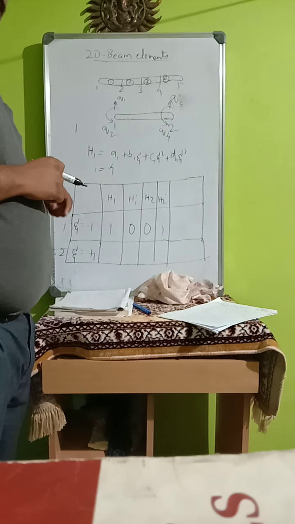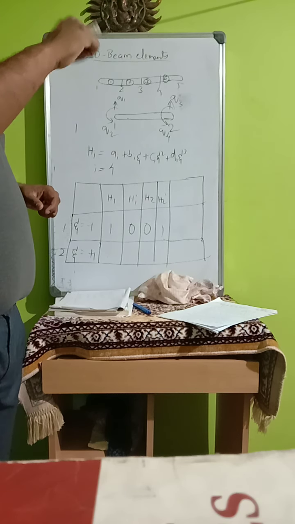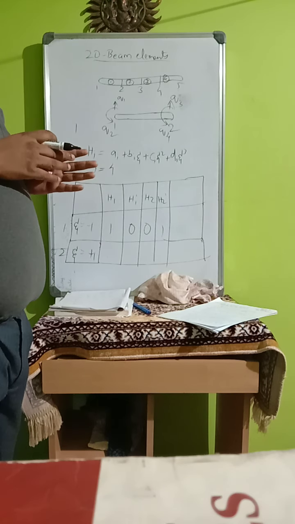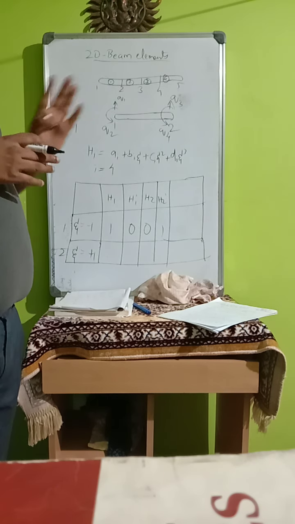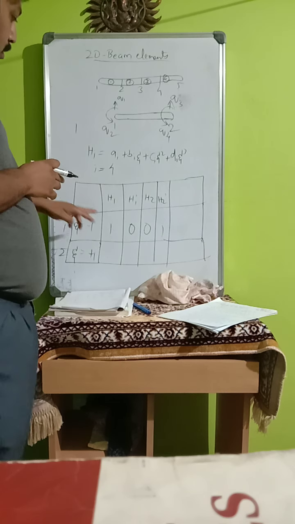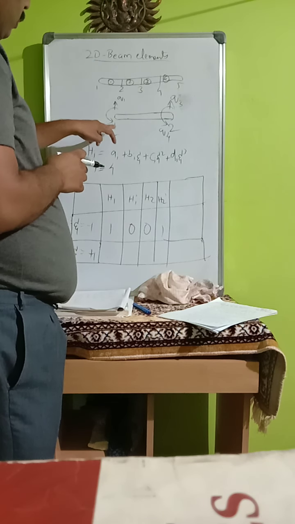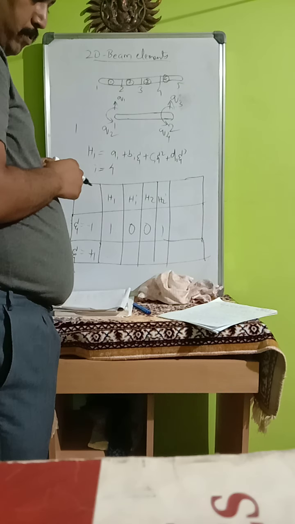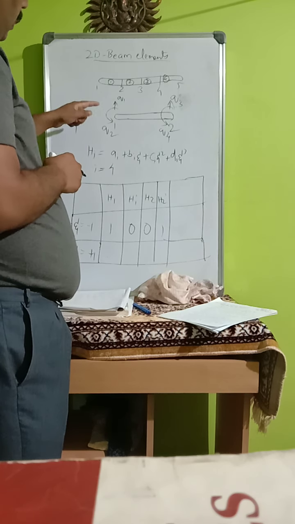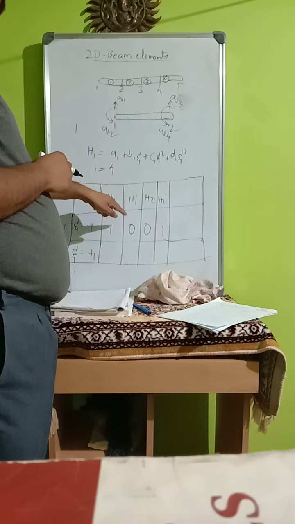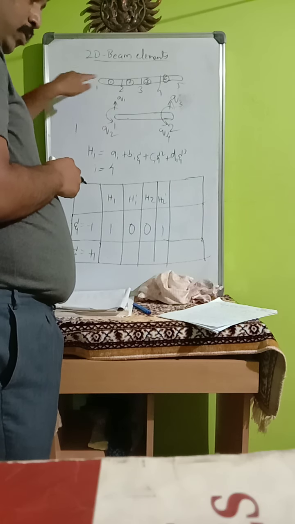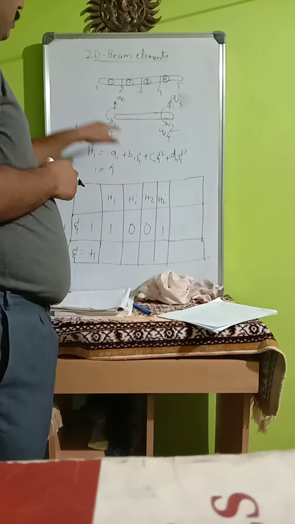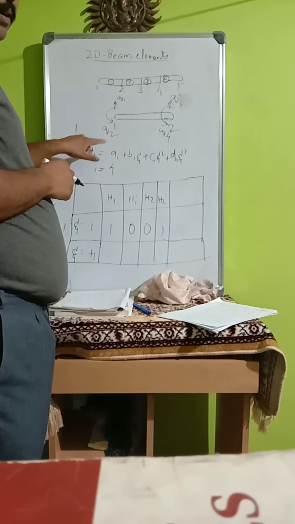The meaning is that zeta is equal to 1 for the node which we are considering, and for the rest of the nodes it will be 0. So if you are considering node 1, h1 is 1 and h1 derivative is 0. For h2 we have 0, and the derivative of h2 is 1, because it is the slope.